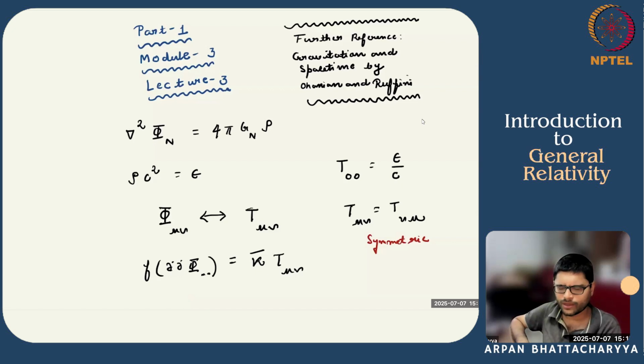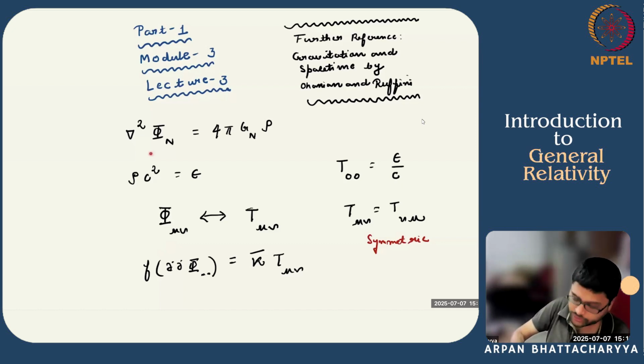Okay. So before proceeding further, remember that at this point we are not claiming that the 0-0 component of this capital phi is equal to the Newtonian potential. Of course, they will be related with each other.